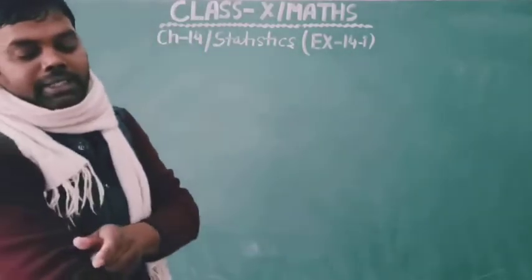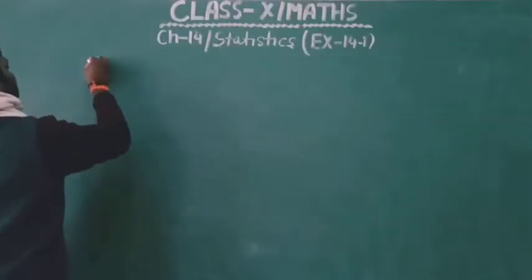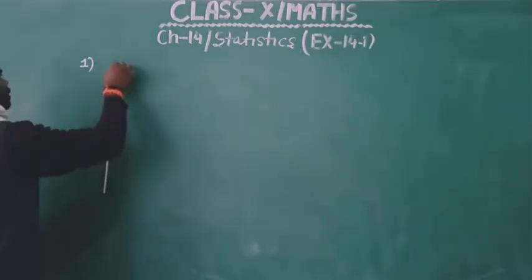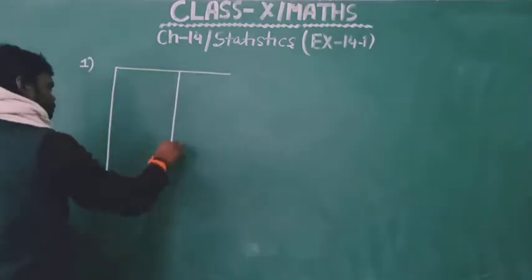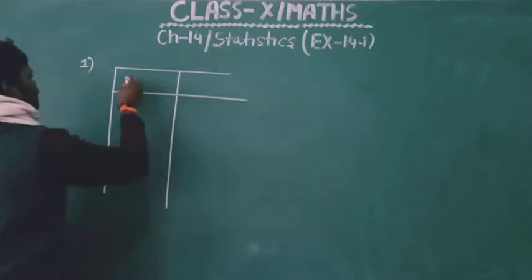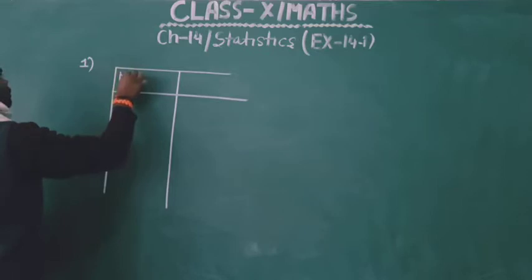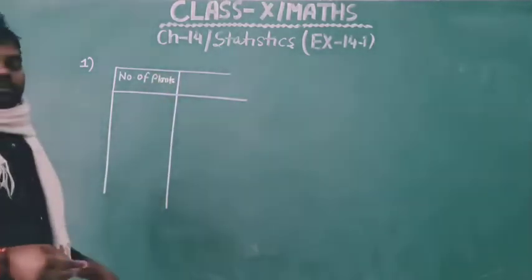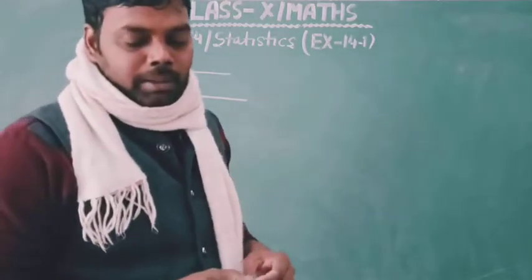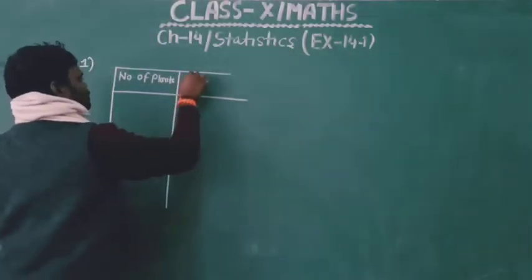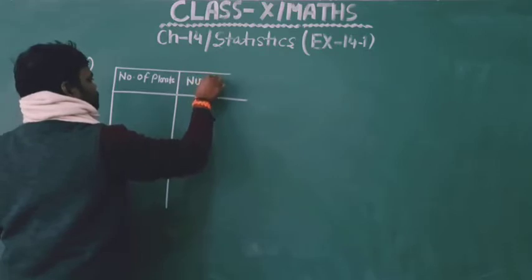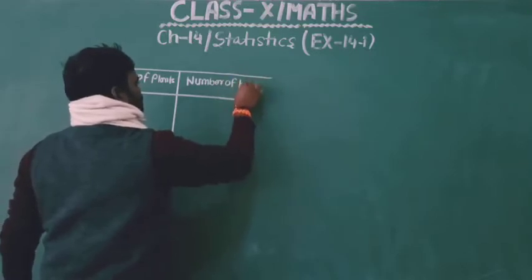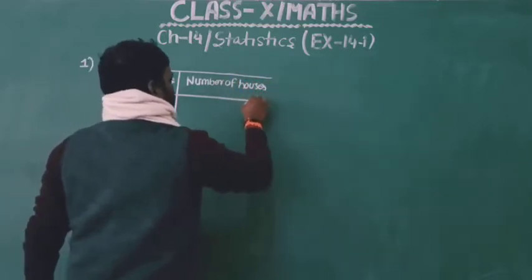So the data is given. This is question number 1. Number of plants, number of houses.